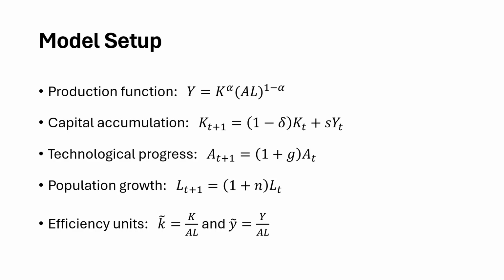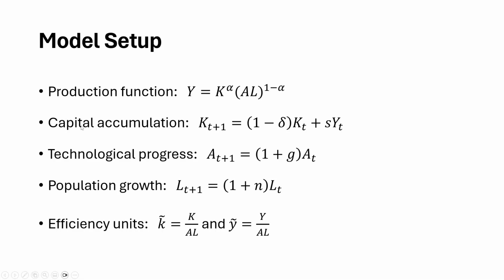As in the standard Solow-Swan model, we have a production function based on a Cobb-Douglas production function here. Specifically, our output Y is given by our capital K to the alpha and our labor augmenting technology A times labor L to the 1 minus alpha.